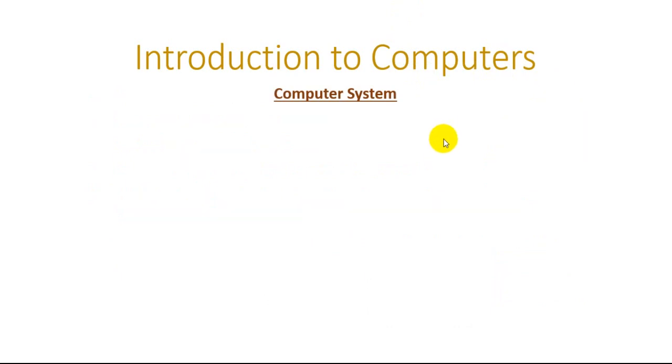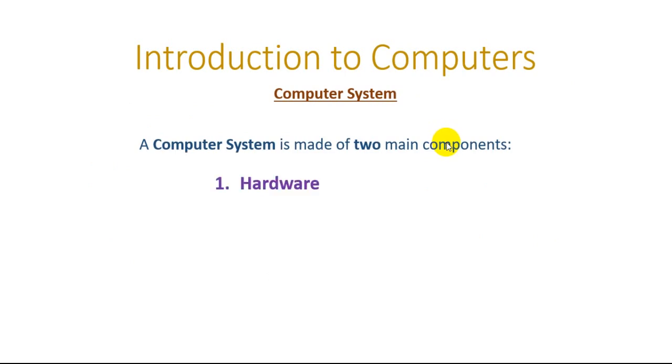A computer system consists of two main areas. One is the hardware. This is the physical parts which you can touch and see. If you take the screen or the keyboard or the mouse or printer or external hard disk or even internal hard disk, or anything that you can see and touch, those are called hardware.